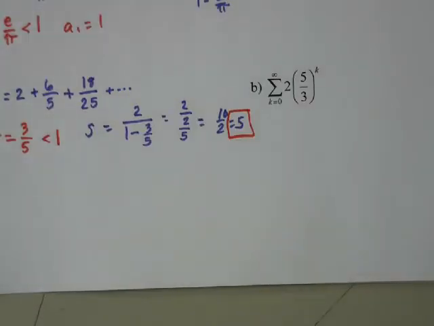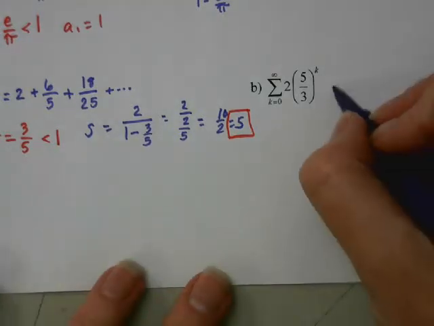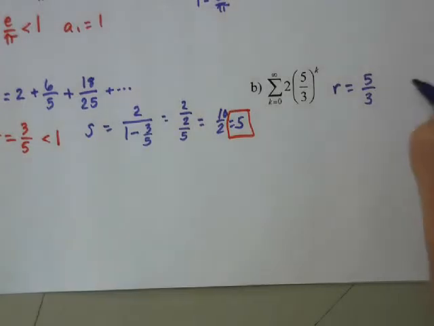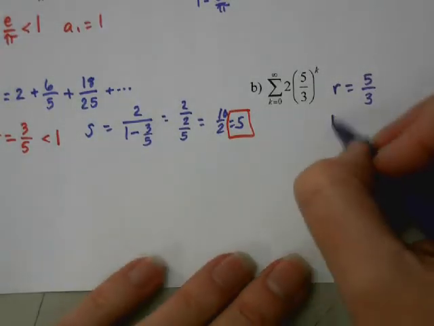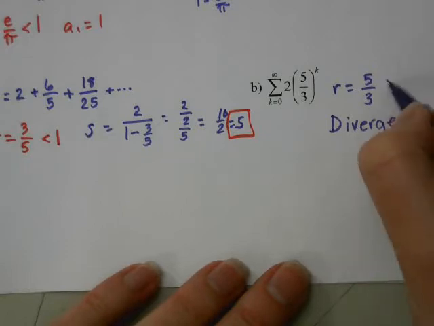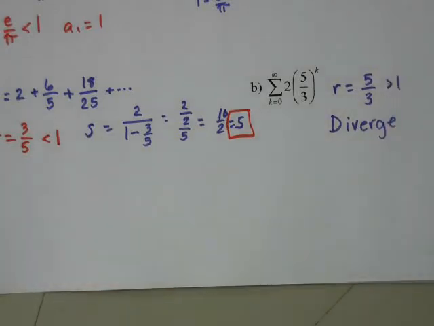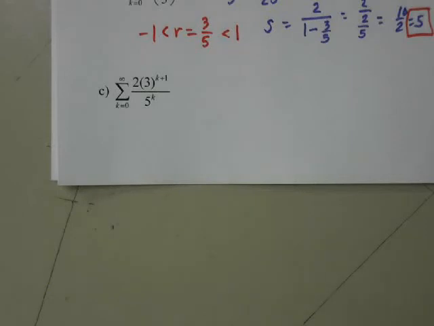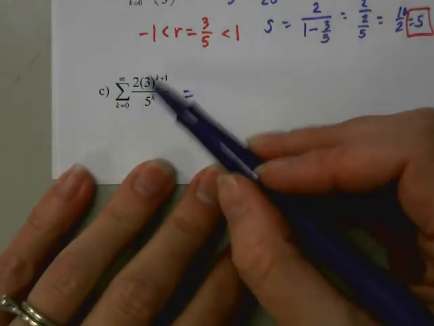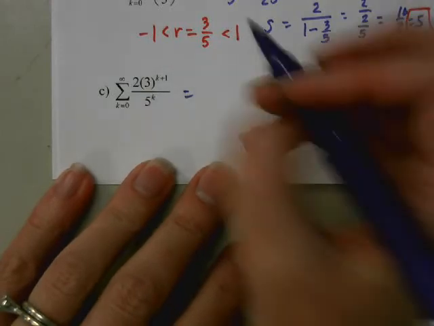The next one here, my common ratio is going to be 5/3, which is bigger than 1. So this one's going to diverge. Next one, again, we'll write out some terms. So if I plug in a 0, we're going to have 2 times 3 to the 1.